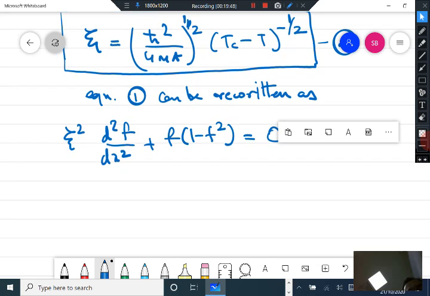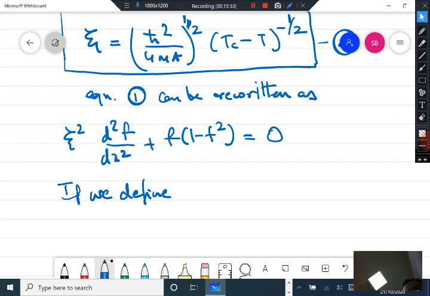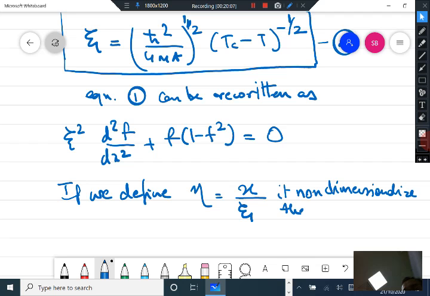Now if we define a parameter eta equal to x by xi, then it will non-dimensionalize the above equation. You can express it in terms of these non-dimensional parameters. Xi has dimensions of length, so basically you can make it non-dimensional.